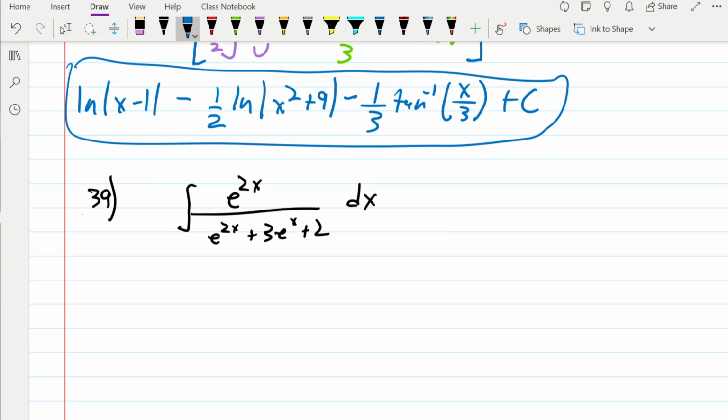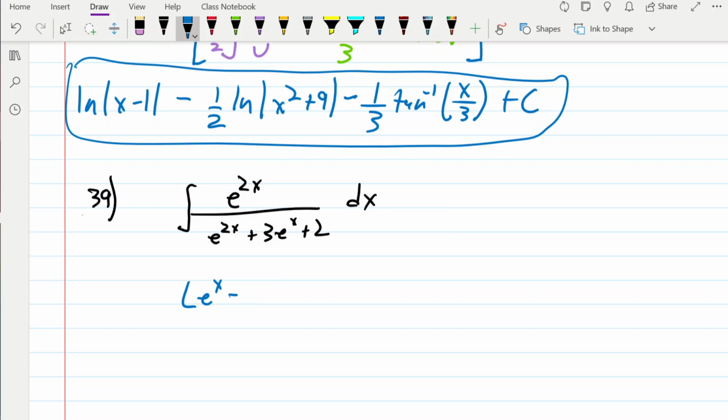Okay. Trying to see if we can factor out on the bottom. It does not look like we can. Because this would be e to the x. Oh, we might be able to.